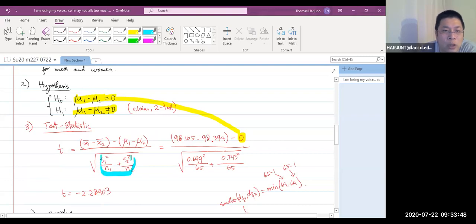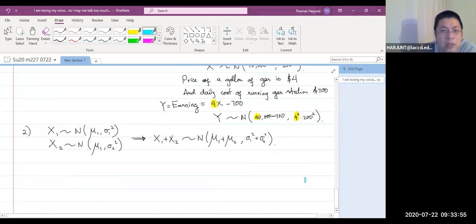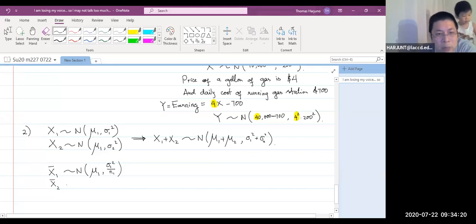Now, but Thomas, what does it have to do with our formula here? Okay, let's go back. The consequence has something to do with the central limit theorem. So imagine if you have x bar 1 and x bar 2. Then it will be normally distributed with mean mu1, but the standard error will be sigma 1 squared over n1, okay, by central limit theorem.